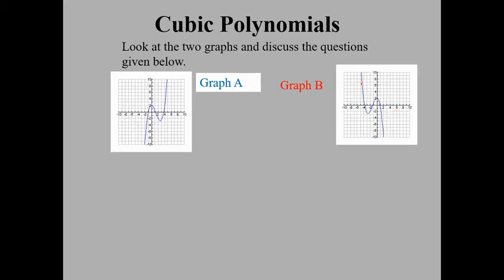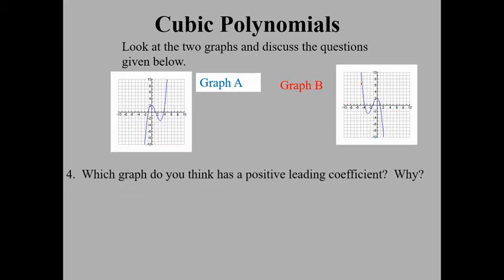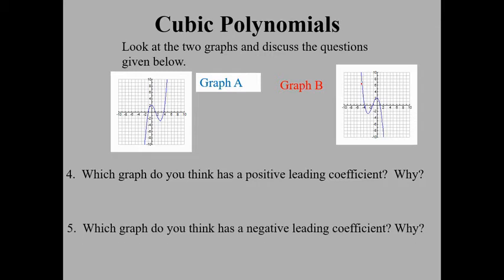Okay, what else do we want to ask about? Which graph do you think has a positive leading coefficient and why? And which graph do you think has a negative leading coefficient and why? So answer the question. That's right. Graph A has a positive leading coefficient.